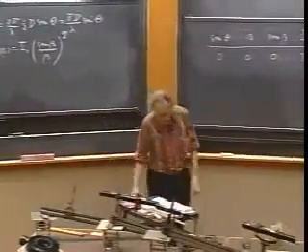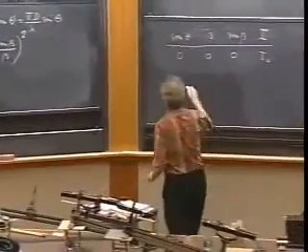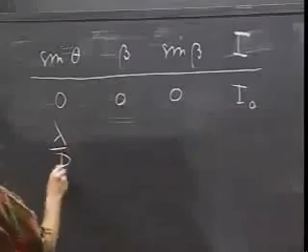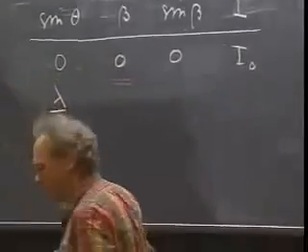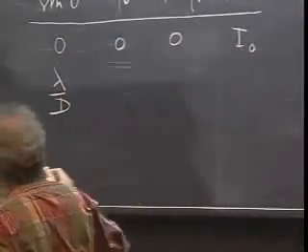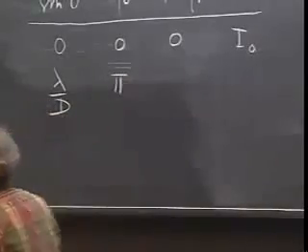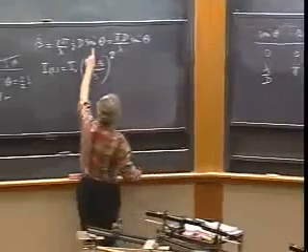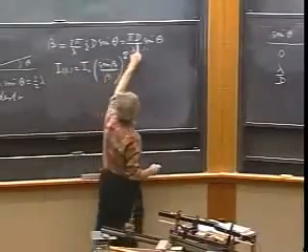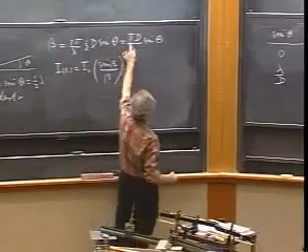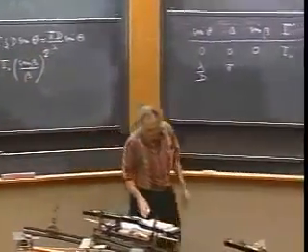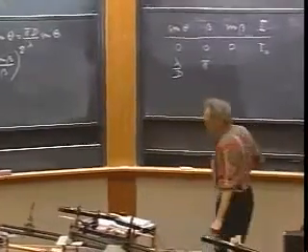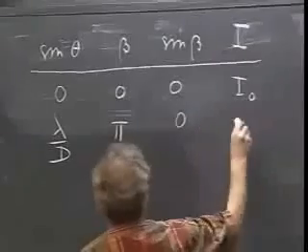So now let's take sine theta is lambda divided by d. So now beta is pi. Put in here, sine theta is lambda divided by d. Here it is. So you see that beta is pi. So the sine of beta is now 0, and therefore the intensity is 0.